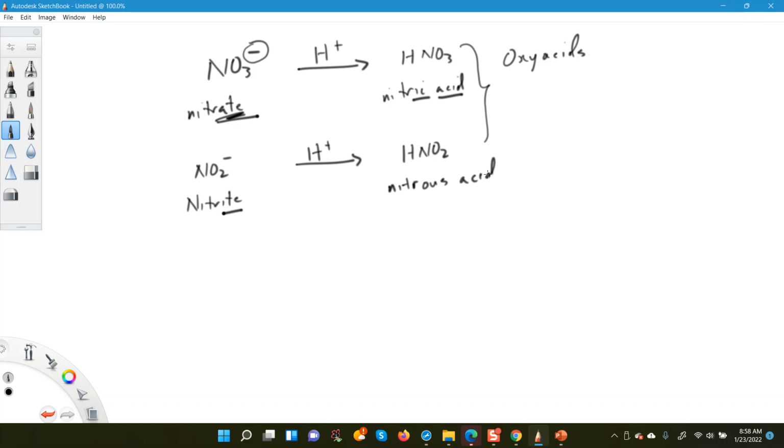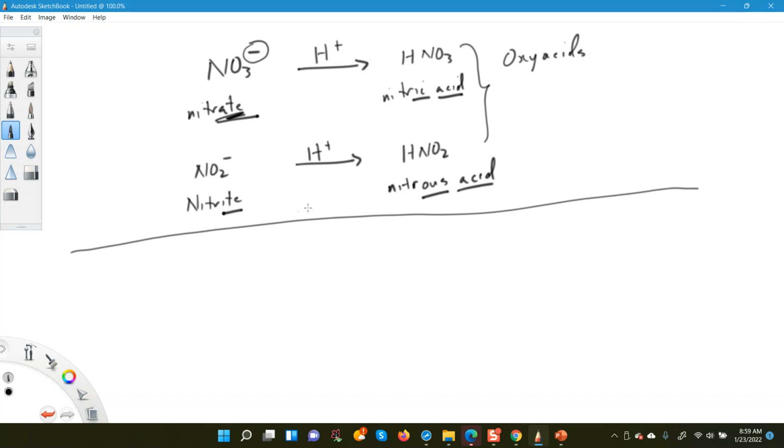So the name of this acid becomes nitrous acid. The ITE ending in the name of the anion is replaced by the OUS acid ending. The key thing to remember is that if the anion ends with ATE, the corresponding acid name ends with ic acid. If the anion name ends with ITE, then the corresponding acid name ends with OUS acid, all right?